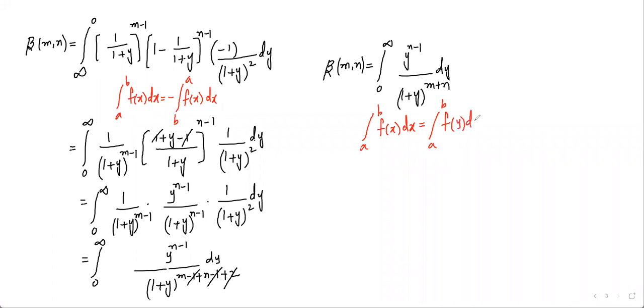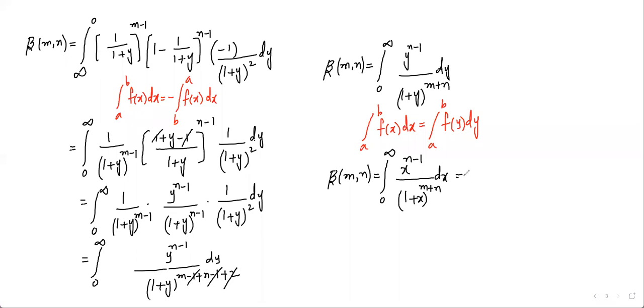You can write f of x dx as f of y dy also. So finally, beta of m comma n is equal to integral 0 to infinity. In place of y, if we replace with x, x power n minus 1 divided by 1 plus x whole to the power of m plus n, dx.